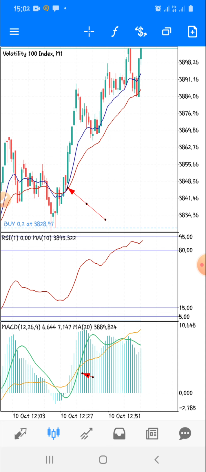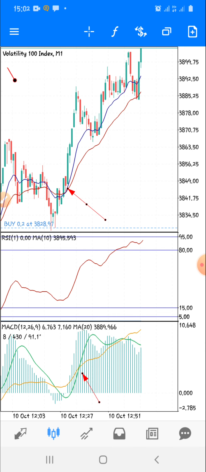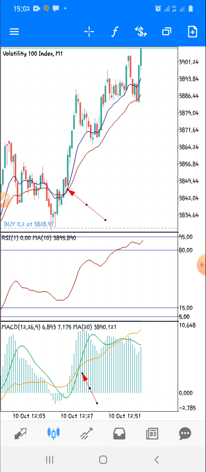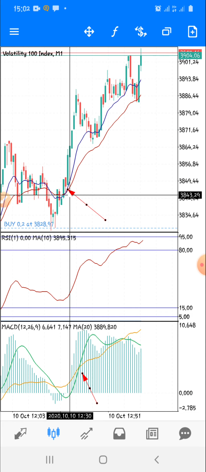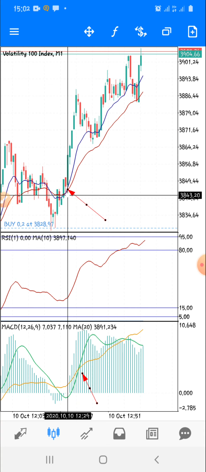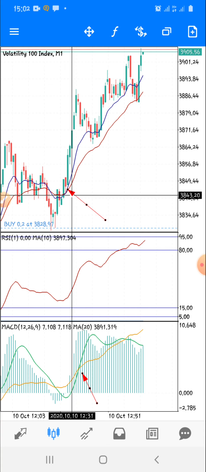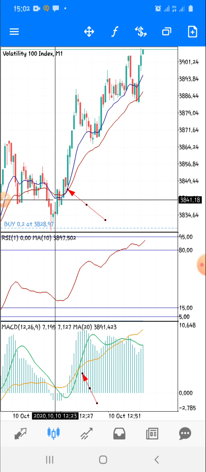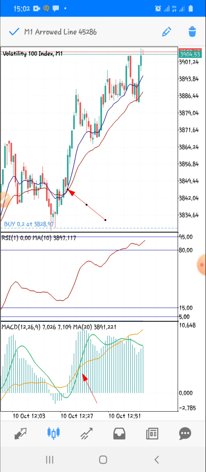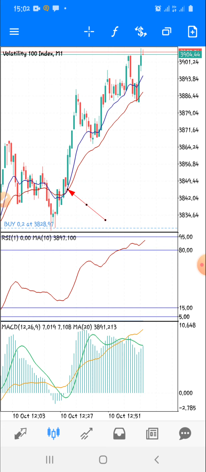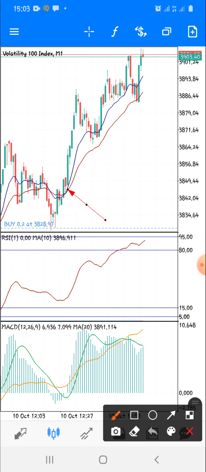If you look here at this level, if you observe exactly here, the moving average is on top.